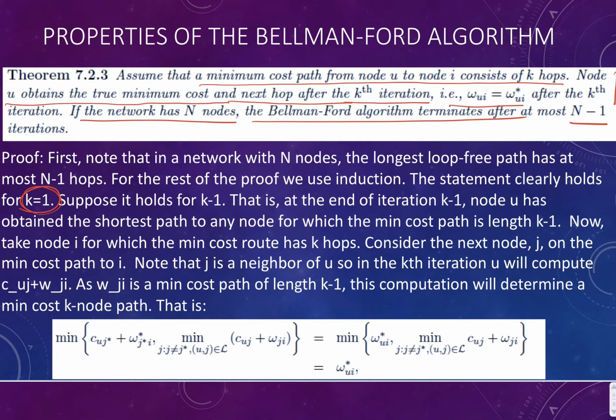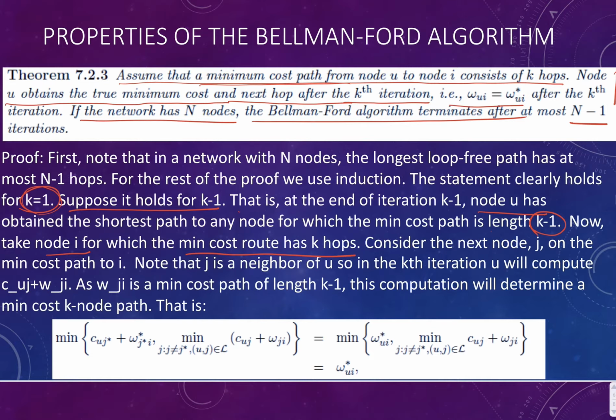Now we'll use induction. Suppose the first sentence holds for iteration k-1, that is, at the end of iteration k-1, node U has obtained the shortest path to any node for which the minimum cost path has length k-1. Now take a node I for which the minimum cost route has k hops.